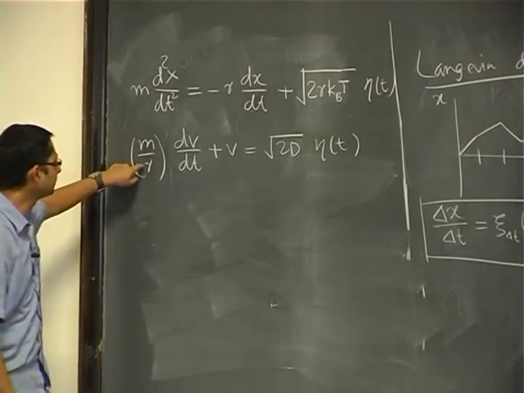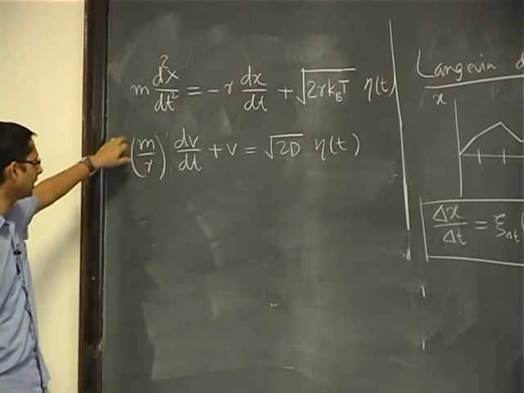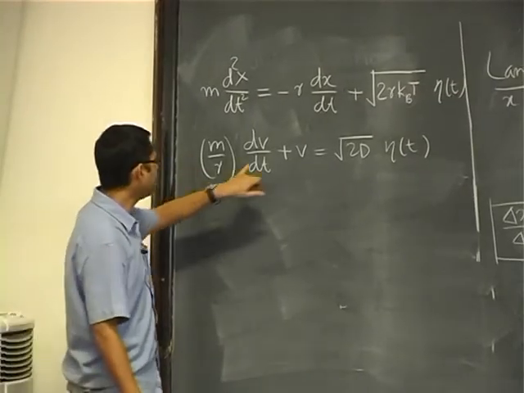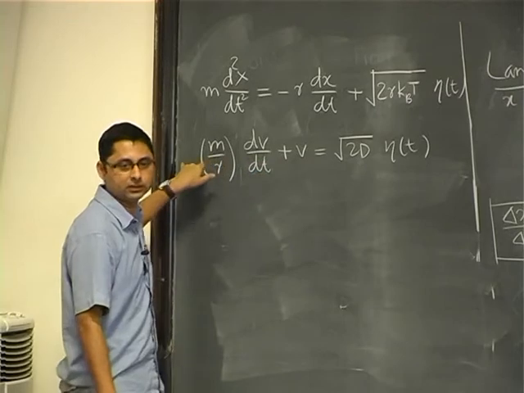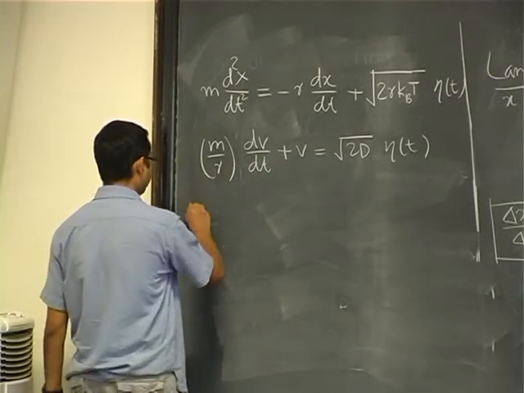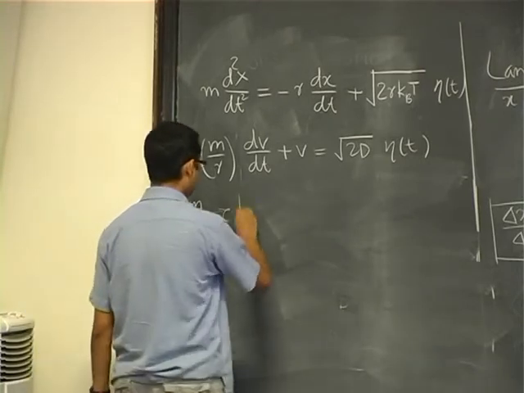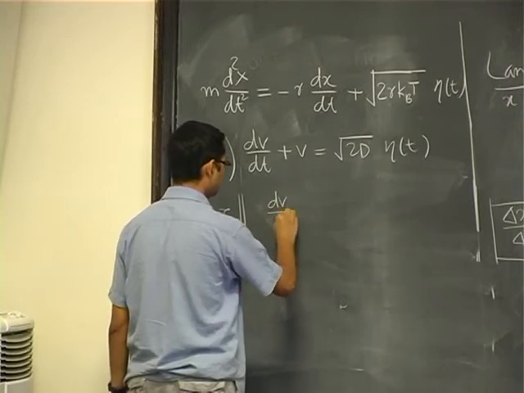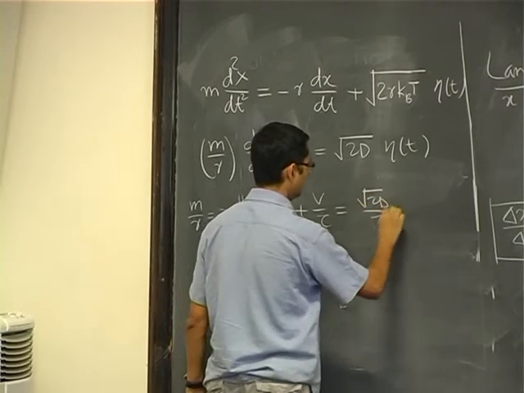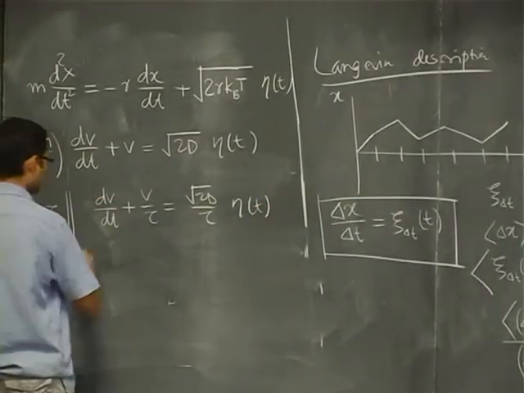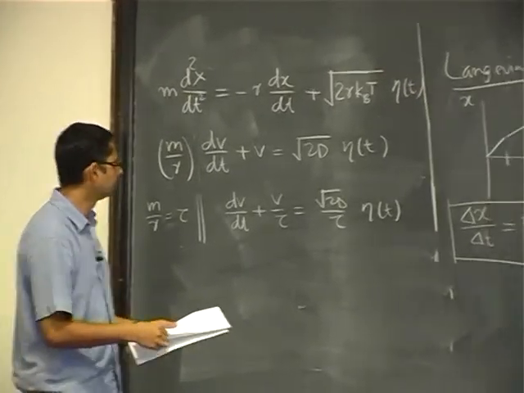What is the dimension of m by gamma? Looking at this equation, can you tell me? It should be time, because this is velocity divided by time, and this is only velocity, so it has to be time. So m by gamma has the dimension of time; let us call it tau. Then I can write this equation as dv by dt plus v by tau is equal to square root of d by tau squared times eta of t.